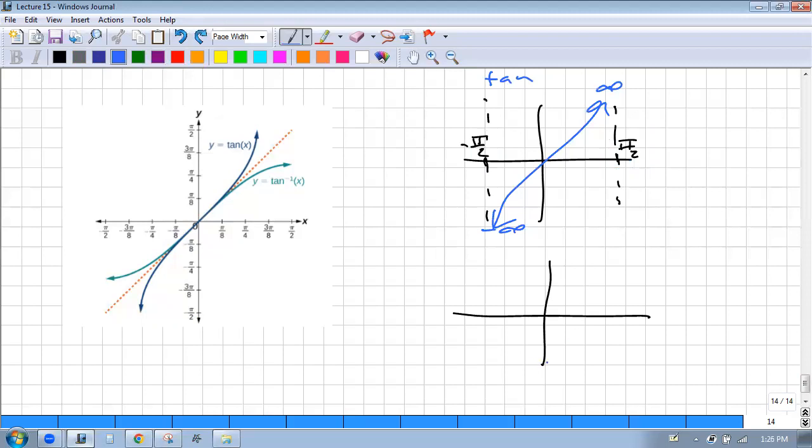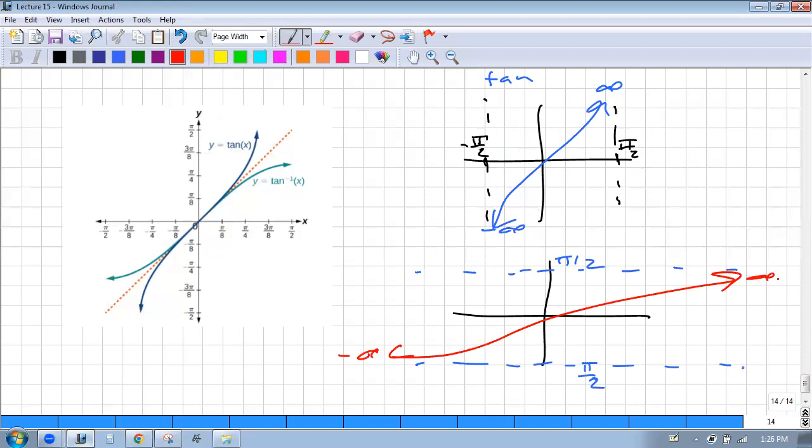So here, the range is minus pi over 2, pi over 2. You used to have vertical asymptotes. These become horizontal asymptotes when you flip it over the line y equals x, right? And so our range was minus infinity to infinity. So now our domain is minus infinity to infinity. So that's what your tangent inverse looks like.